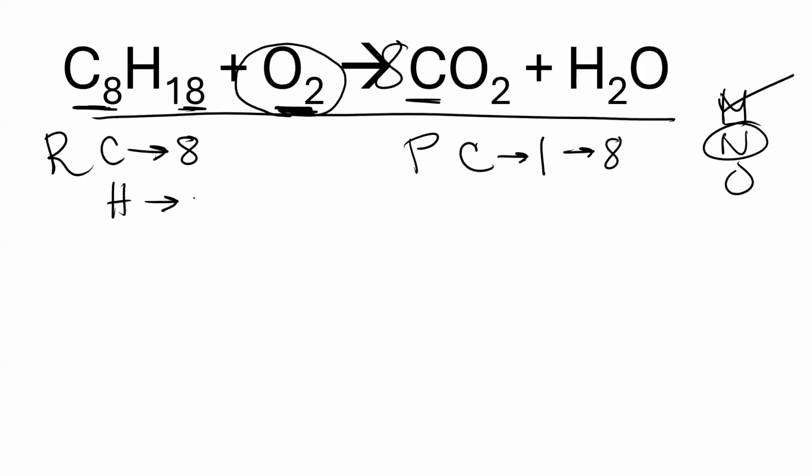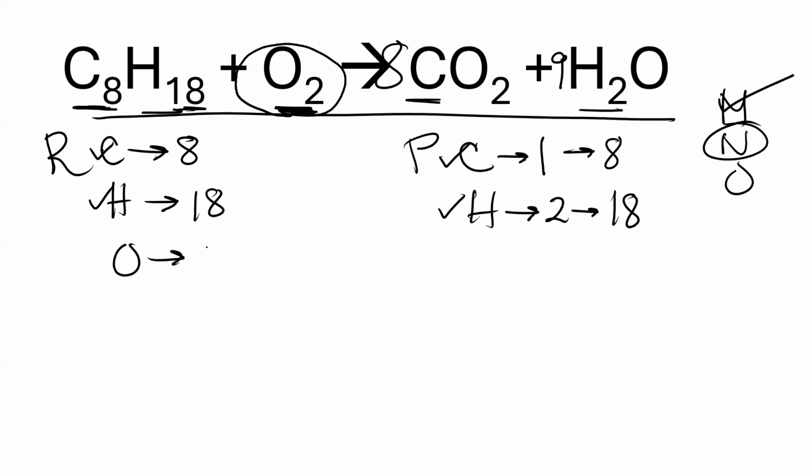So we have 18 hydrogen atoms on the reactant side, and for the product side we have 2. So therefore, because it's 2, then we put 9 there so that 2 times 9 would be 18. So that balances our hydrogen atoms. Okay, so our carbon and hydrogen are balanced.